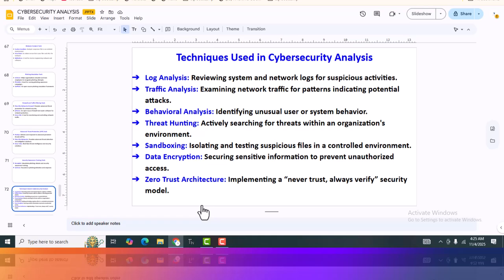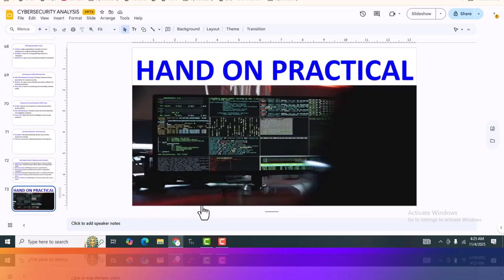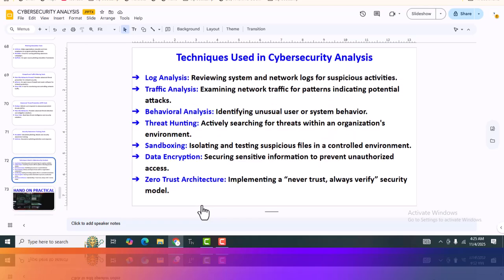We also talk about threat monitoring, data encryption, and even zero trust architecture, implementing the never trust, always verify security model to be sure that we do not fall victim to the plans of threat actors. So these are some of the things we look at in cyber security analysis, and this is just an overview of what it is all about.